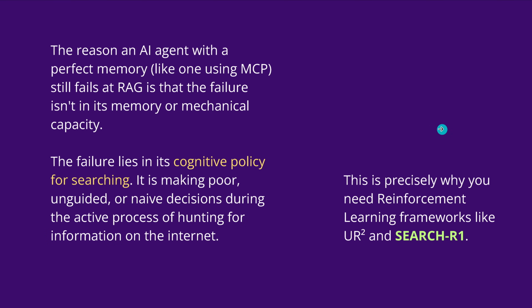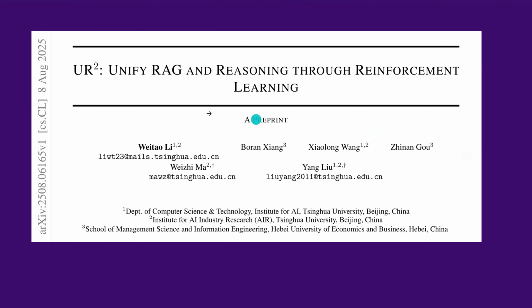We need something new, and I showed you already the simpler case of Search-R1 in my last video. And now we're going to talk about the latest research in AI, UR2. UR2, unifying RAG and reasoning through reinforcement learning. This is by Tsinghua University, beautiful.